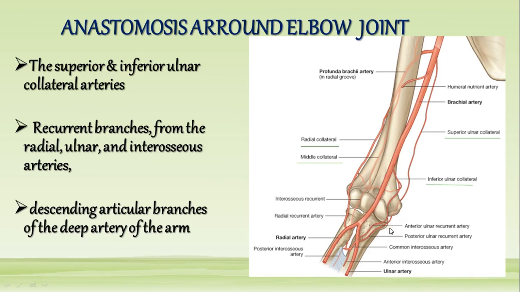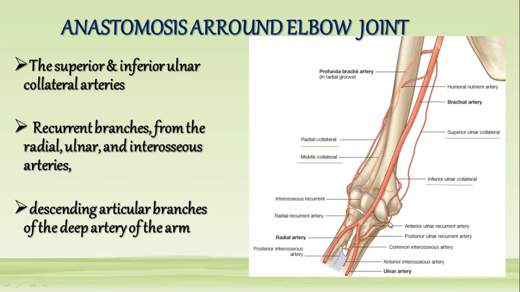The other arteries, you can see in the figure, are the recurrent arteries. Look over here: radial recurrent artery, ulnar recurrent artery. There are two ulnar recurrent arteries, anterior and posterior ulnar recurrent.